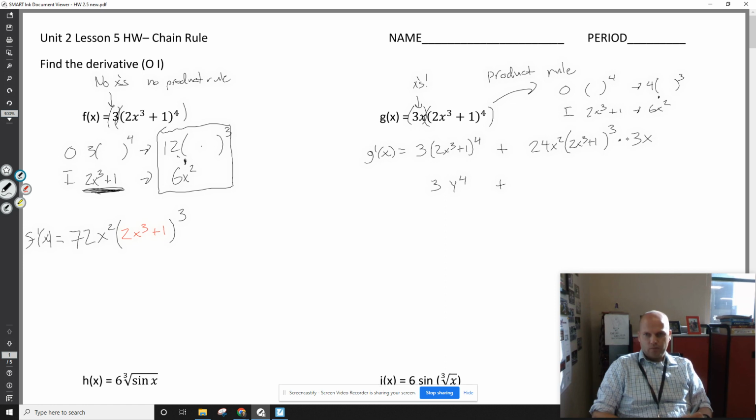You can multiply the 24 and the 3 if you want to. That's 72 again. The x's are that, and that's y cubed. And then you try to factor out the greatest common factor from both those terms. So we'll do that later.